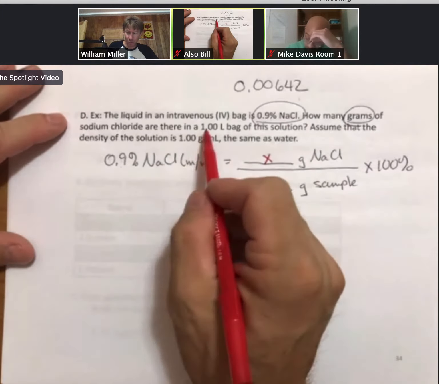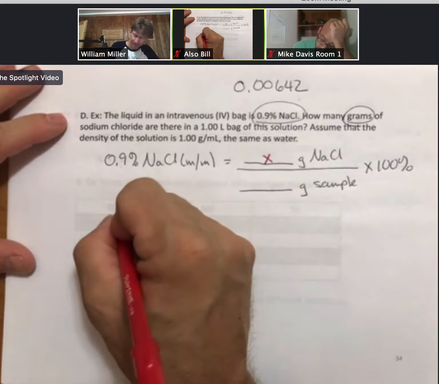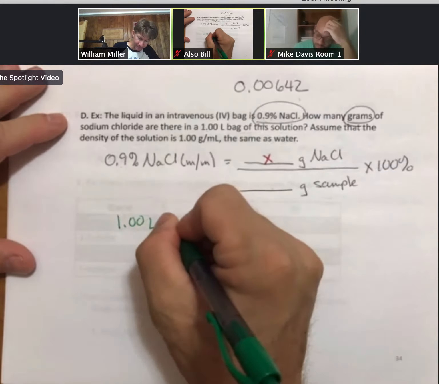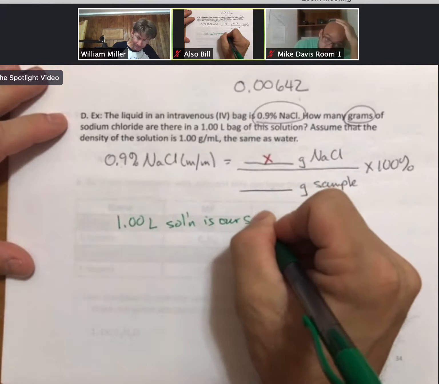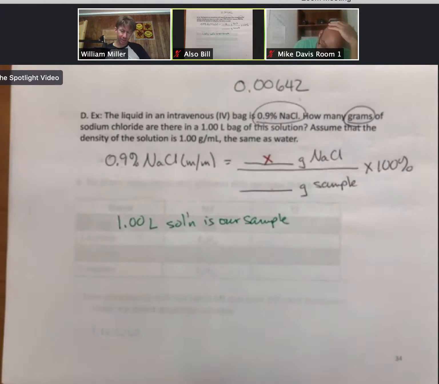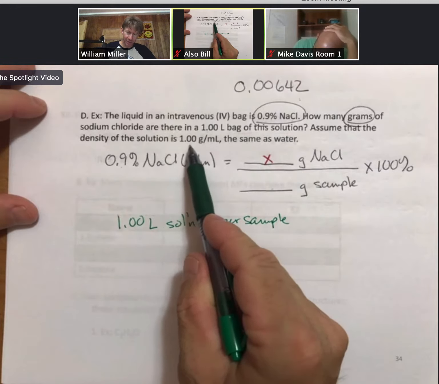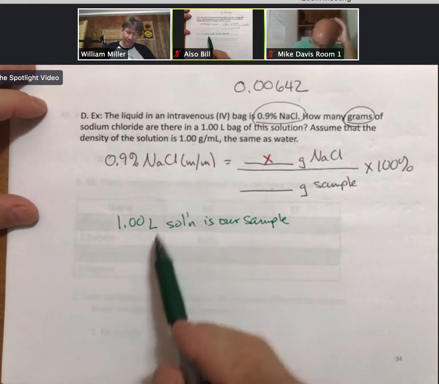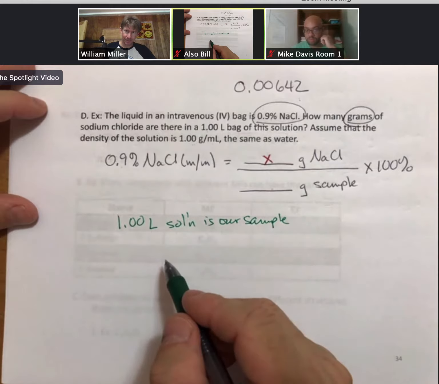But I do see this 1 liter bag of the solution, so that's sort of our sample size. 1.00 liters of solution is our sample. It also tells us that the density is 1.00 grams per milliliter. So if I can turn these liters into milliliters, then I can turn the milliliters into grams.